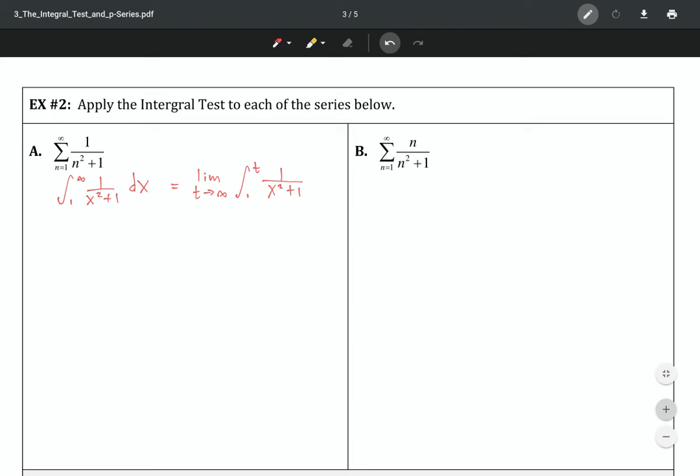Now, in this case, the hard part is to take the antiderivative of this. You can look at a table, or you could probably do trig substitution. But if you do all of that without taking too much time on it, you would get this as your antiderivative.